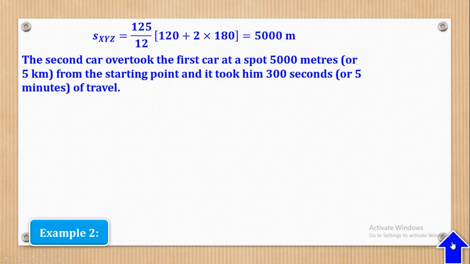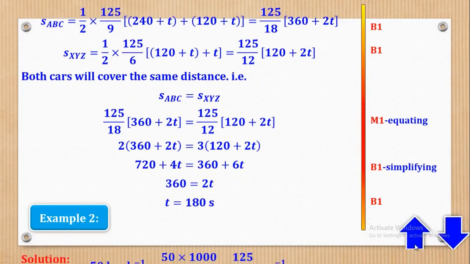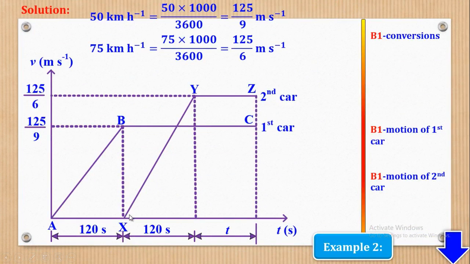So the road time taken was 300 and the distance traveled was 5,000 meters. So the 5,000 meters is this distance, from here up to here. So they meet at this point. This is the point where they meet, and this one will have moved distance XYZ.